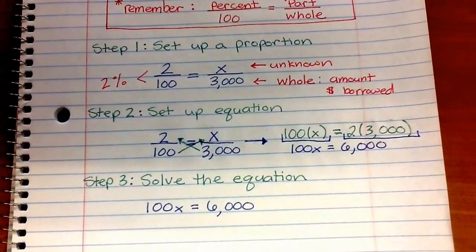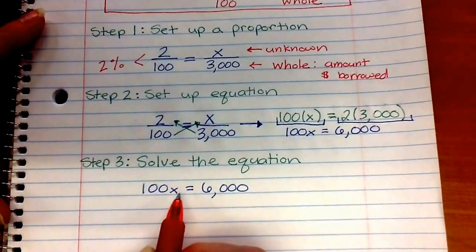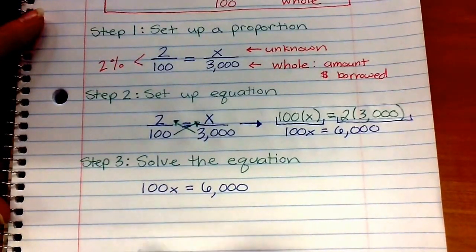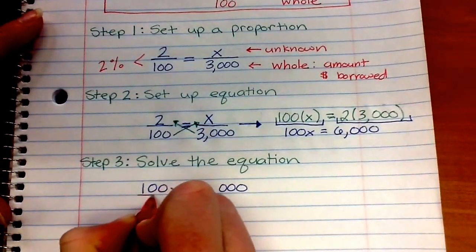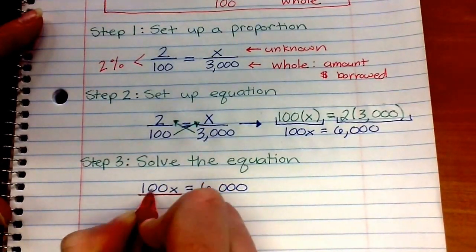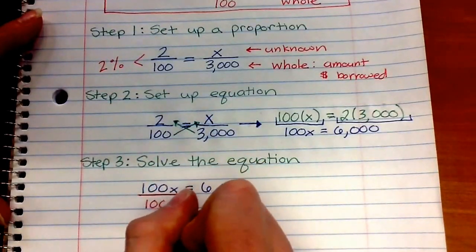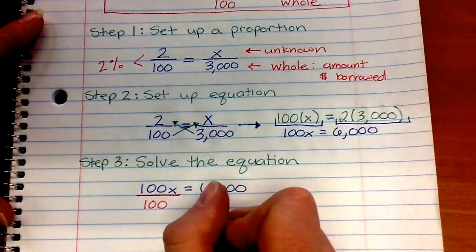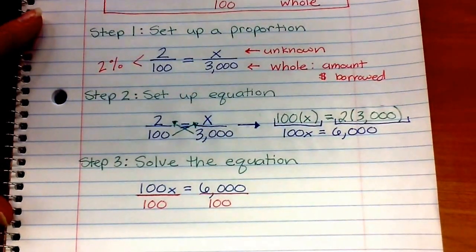I'm going to start off with isolating my variable. So I see that 100 is my coefficient to my variable x, so I need to get x alone. This is multiplying, so I know the opposite of multiplying is to divide. So I'm going to divide by my coefficient 100. And what I do to one side, I do to the other. So I'm going to divide by 100 on each side.